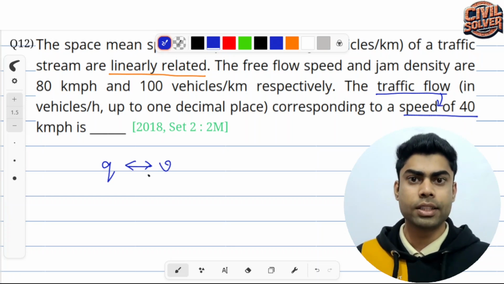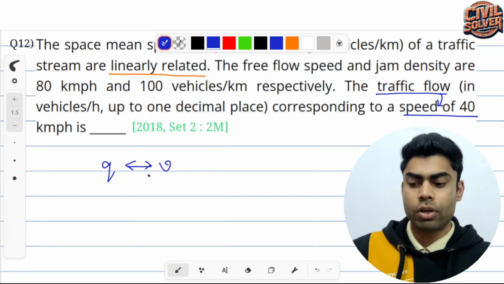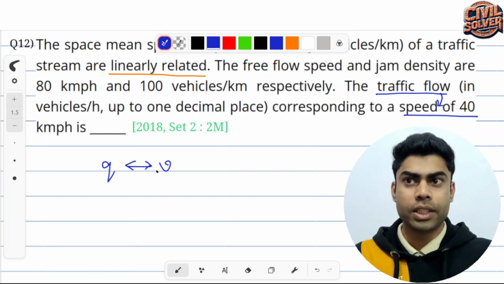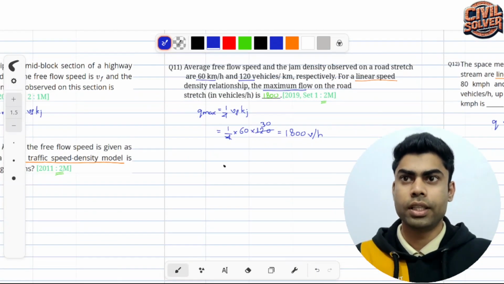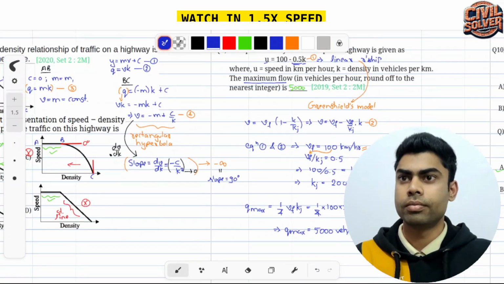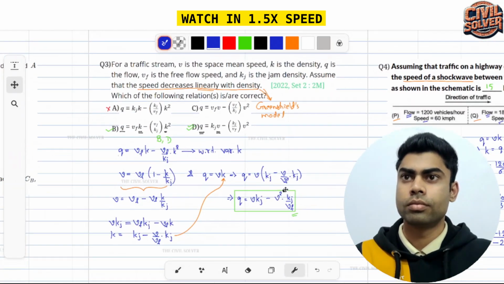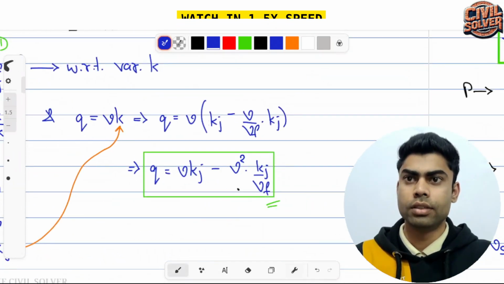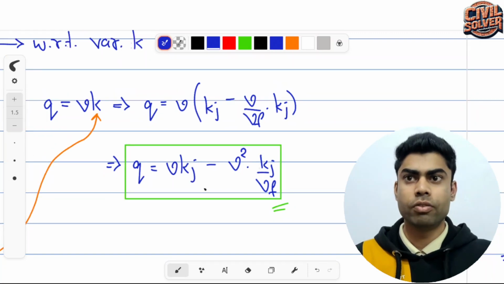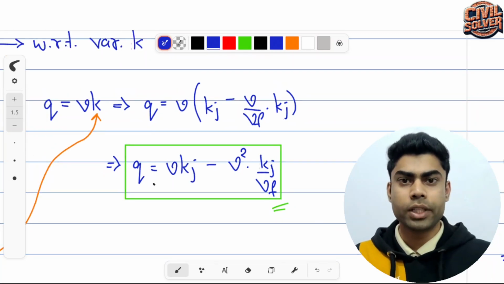Now remember what I said in question number 3, that we are going to use that relation because we have already established this relation between flow and speed. It was in question number 3. I will show you. Yeah, over here. This was the relation between flow and speed. So I am not deriving it again.